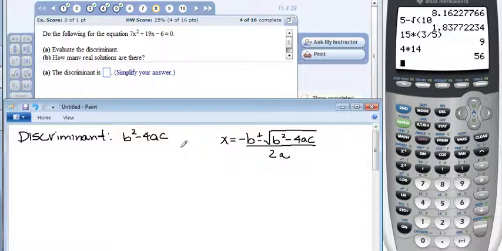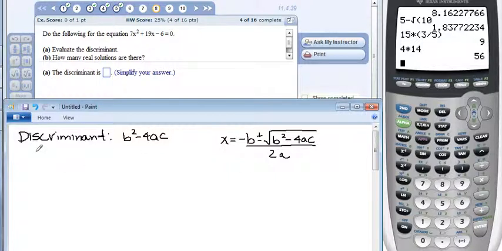If I have a number underneath here that's positive, let's just say when I did this, it turned out to be like a 9. Okay, and I took the square root of 9 for 3. I'm going to have a plus or minus 3. Therefore, I get 2 solutions, right?